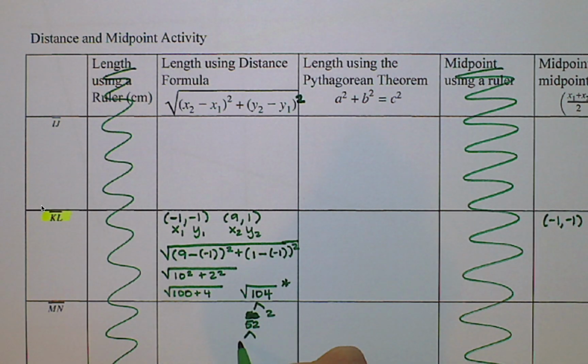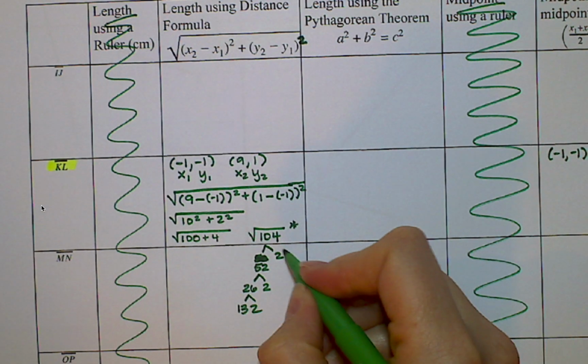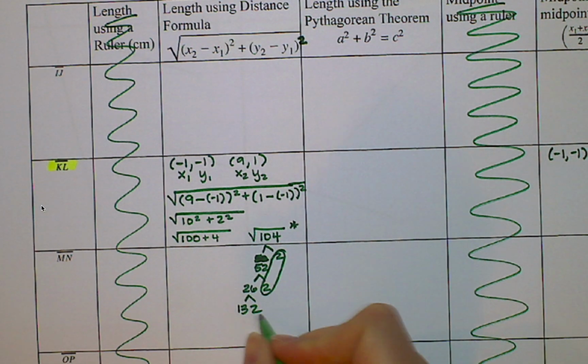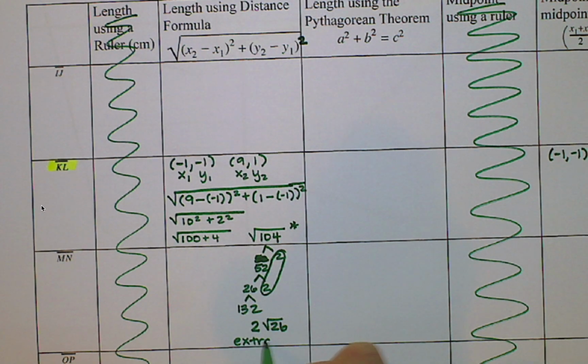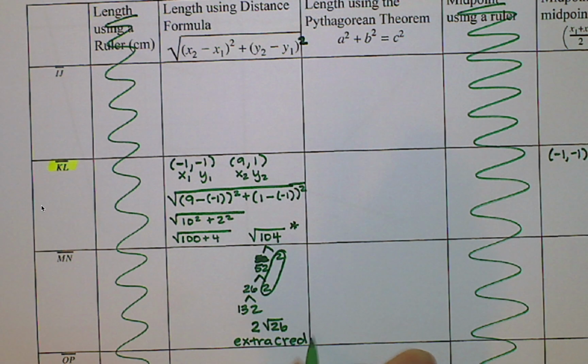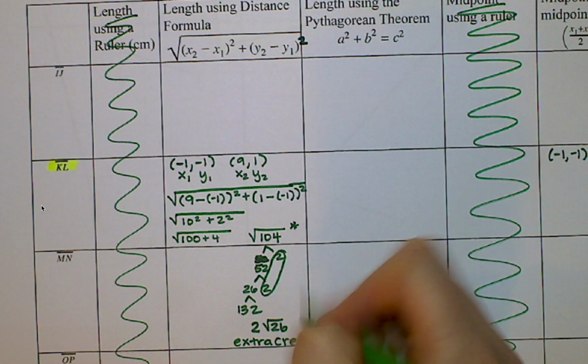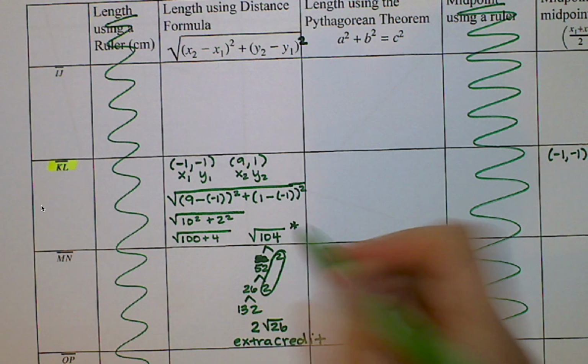This would be 26 times 2, and this would be 13 times 2. And so if you broke this down, you have a pair of 2's, and then you have these two, okay? So you end up having 2 radical 26, okay? So if you want extra credit, you can give me this answer, okay? If you don't care about the extra credit, you can just leave it as is, okay?